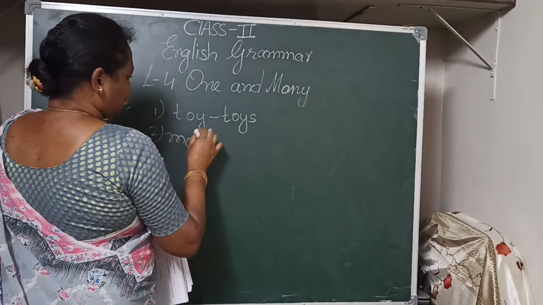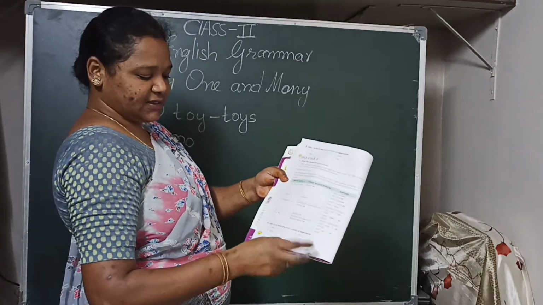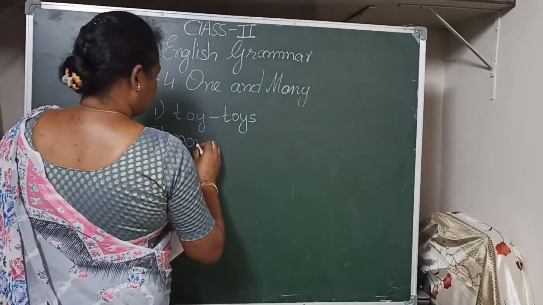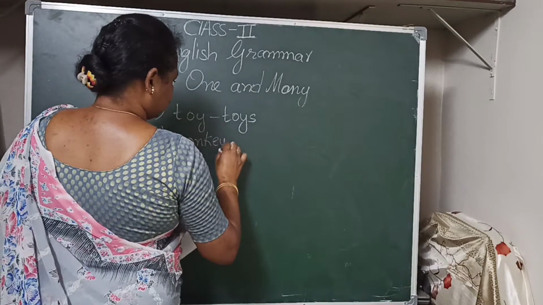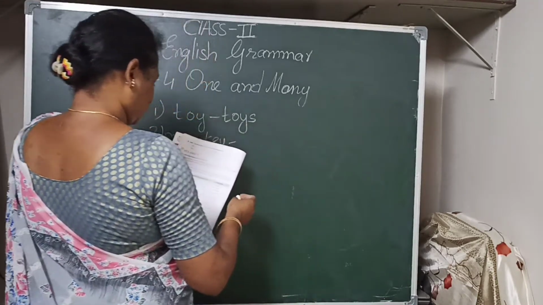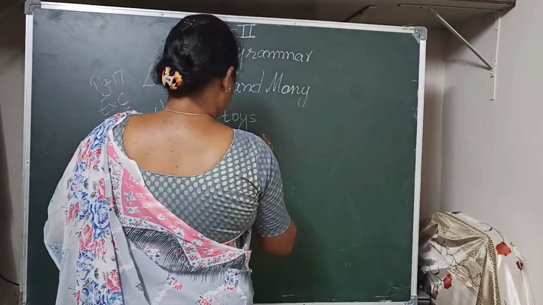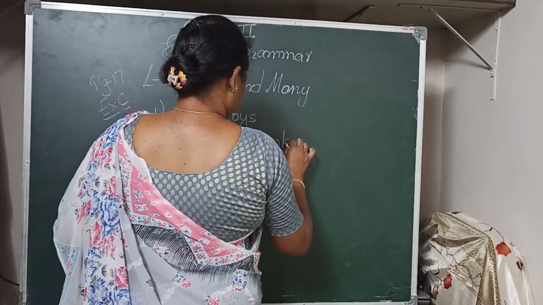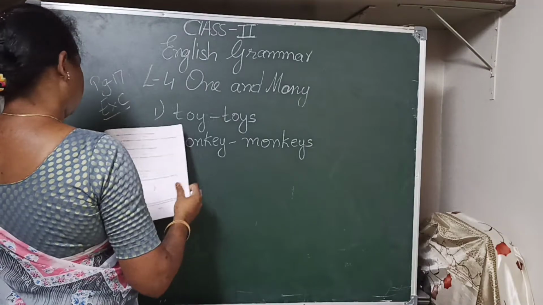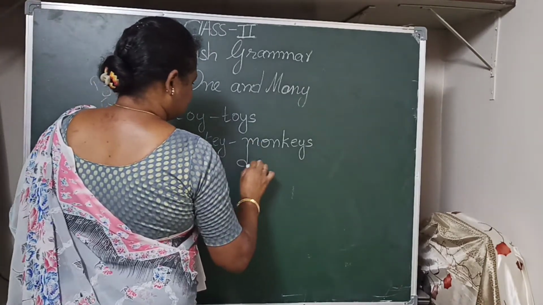Monkey, because the last letter is y, so you have to add only s. In this table they have told us, na? Only add s. Okay. Monkey, monkeys. Day, days.